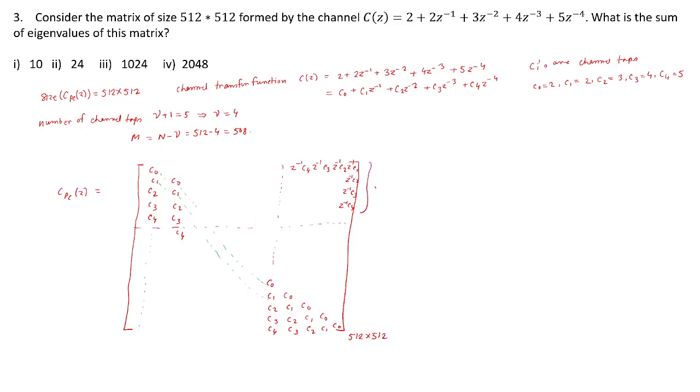You see there are only 4 rows, and the rest of them, here you have 508 rows.